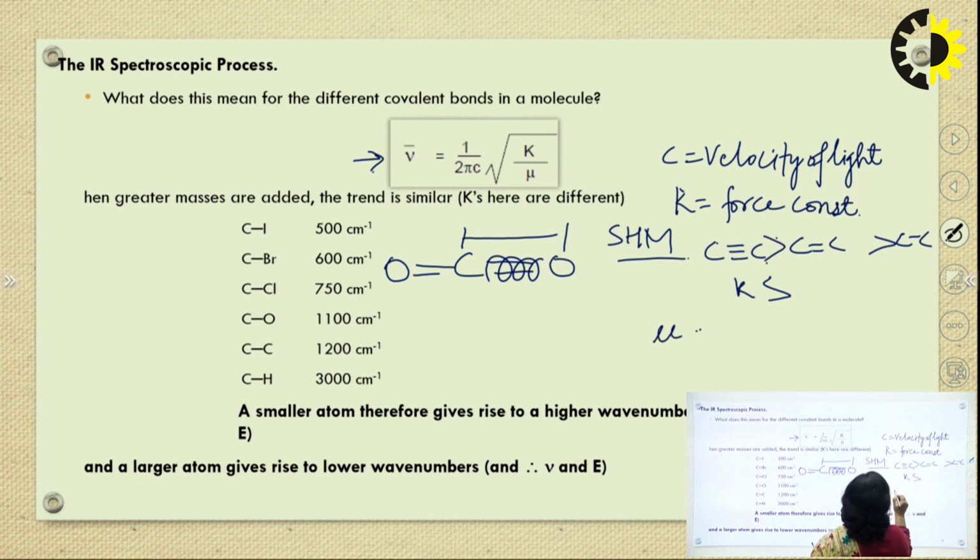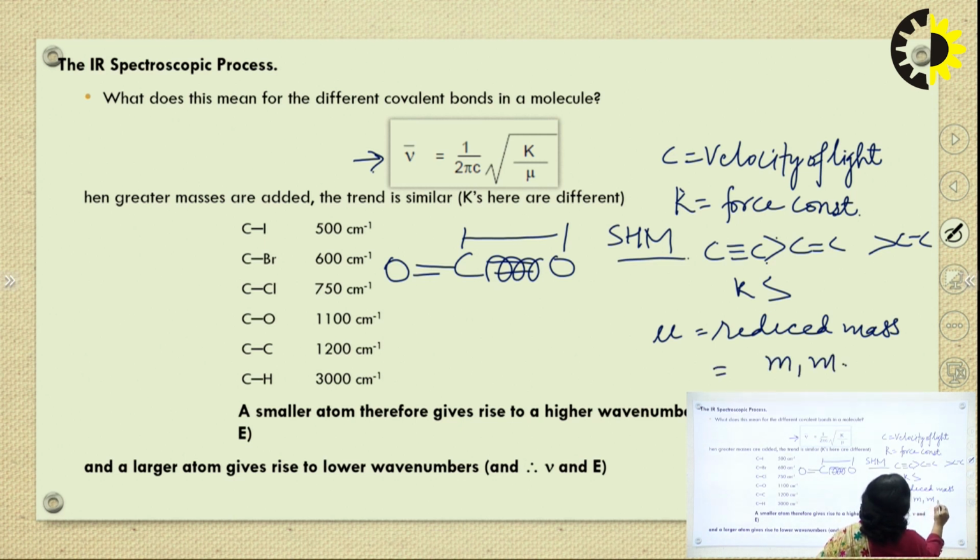Mu is the reduced mass, equal to M1 M2 upon M1 plus M2, where M1 and M2 are the respective masses of the two atoms whose frequency we are discussing.